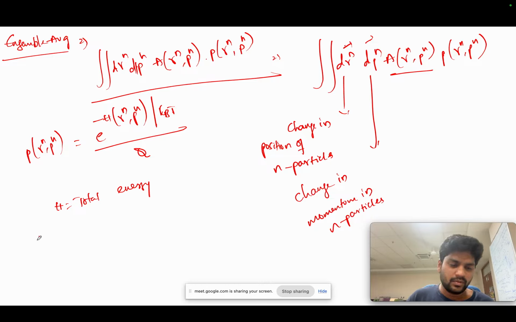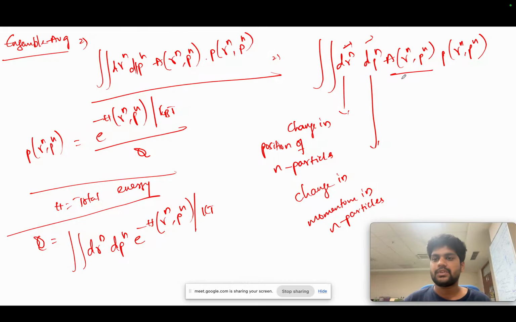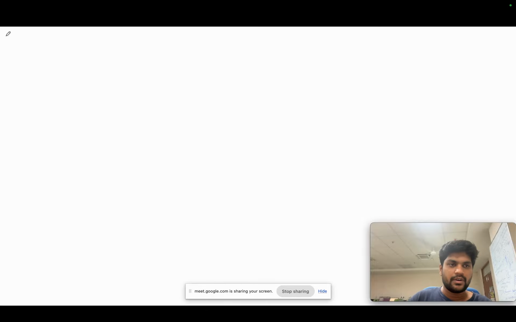So we all know that the partition function is nothing but this. These are the equations which you don't need to remember. For probability, what we are doing is adding the maximum energy which we can obtain from the macrostates. So now we have the ensemble average.